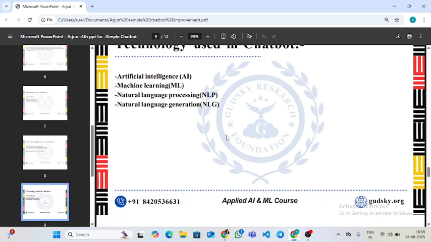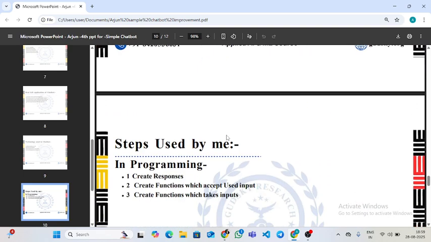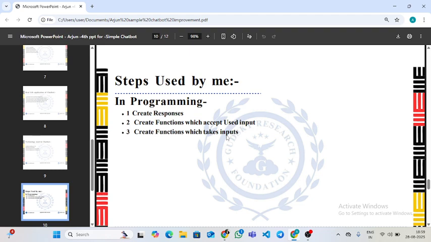So we will move to the next slide, that is steps used by me. As I told you, I have also created a chatbot, and this is the slide of the chatbot and the steps which I used in programming. The first step is to create responses.